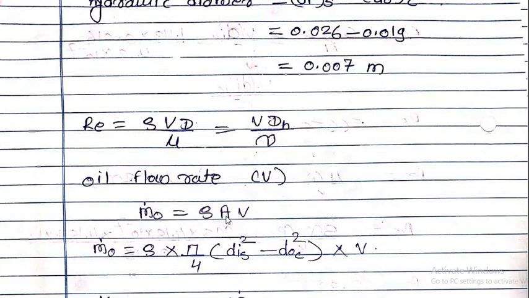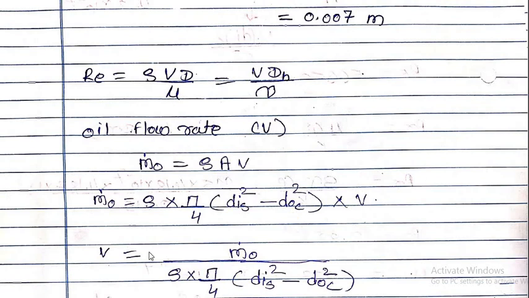Mass flow rate is equal to rho multiplied by cross sectional area multiplied by velocity. So the mass flow rate of oil is equal to the density of oil multiplied by pi by 4 into the bracket: inner diameter of the steel tube squared minus outer diameter of the copper tube squared, multiplied by velocity.